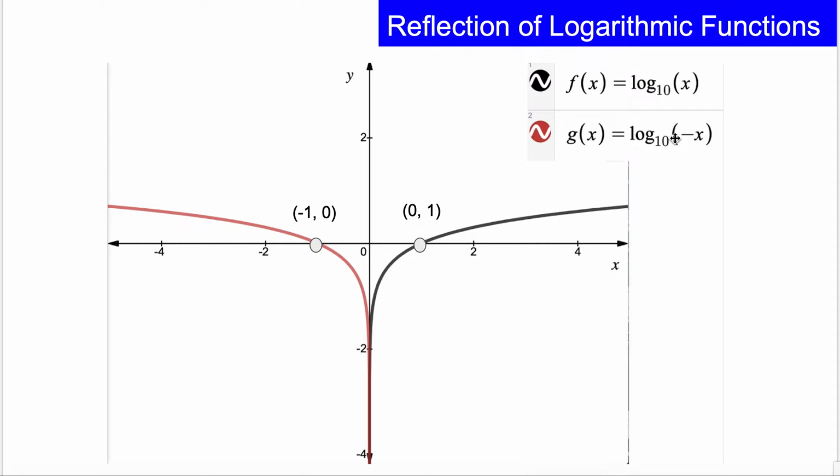Whenever we change the sign in the argument, in the x, the new function is going to be a reflection of the parent function over the y-axis. So the new function is a reflection of the parent function over the y-axis.